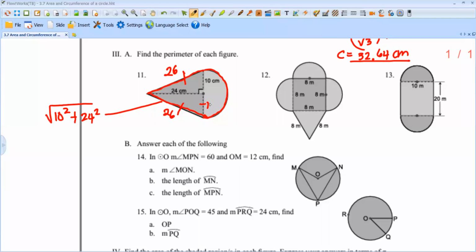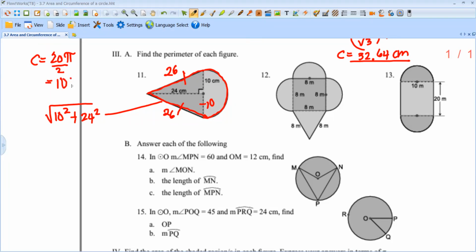So the diameter is 10. So therefore, we have circumference is equal to 10 times 2, which is 20 pi, right? 20 pi, but you have to divide by 2 because this is only half. So we will divide by 2.